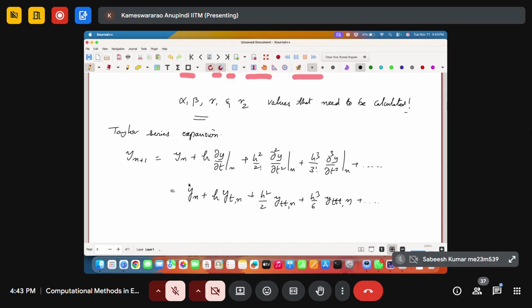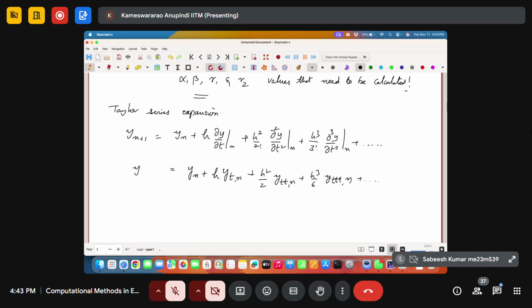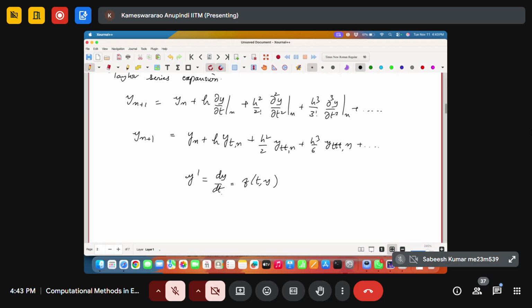Okay, so then, but we know that from the definition of the given problem, where y prime equals dy by dt equals f of t comma y, I know that dy dt, which is equal to yt, is f of t comma y, right? That means I can write this yt at n as f of tn comma yn, right?